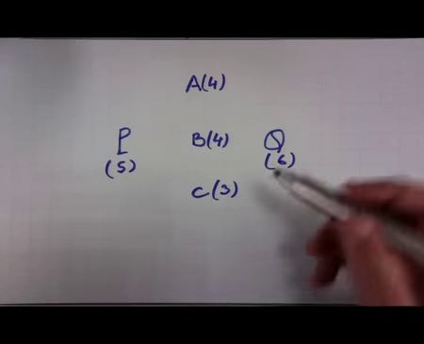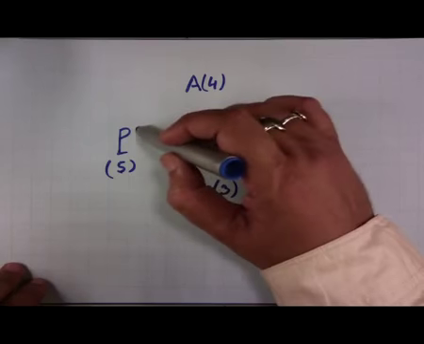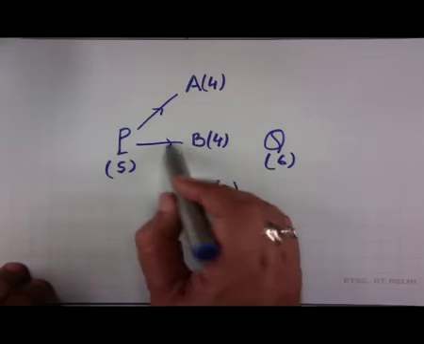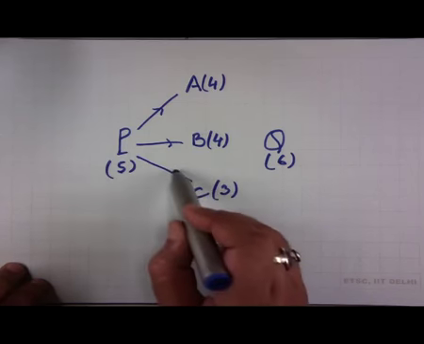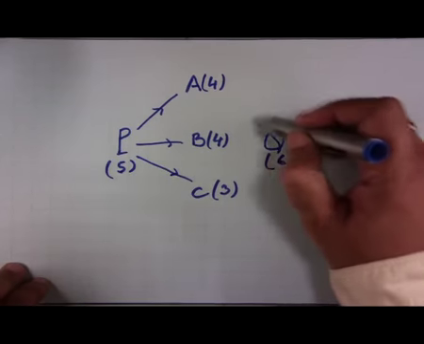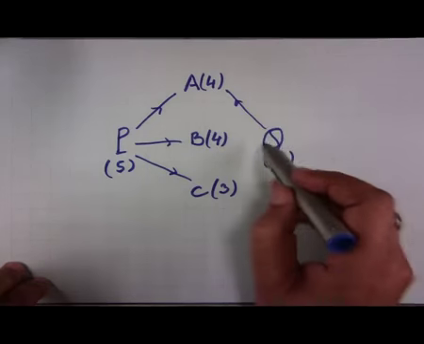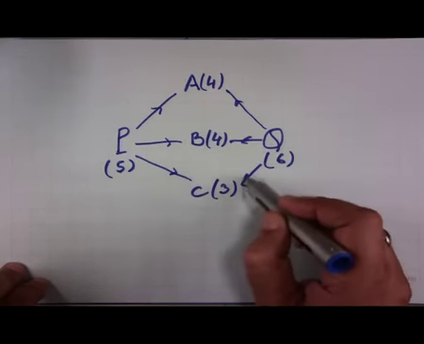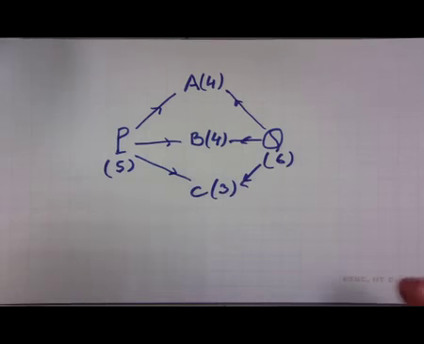Now from P to A, from P to B and from P to C, we have to transport the goods produced from factories P and Q, and the purpose is to minimize the transportation cost.